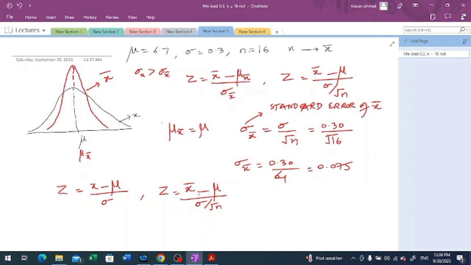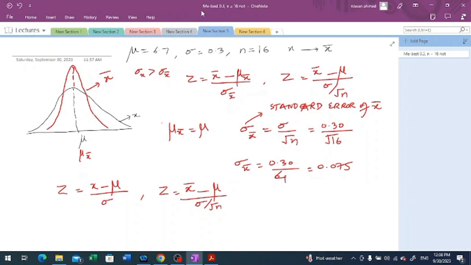Now each value of x bar is again adjusted as a difference with respect to the mu value, and then we need to divide it by the standard error. Standard error value is 0.075.